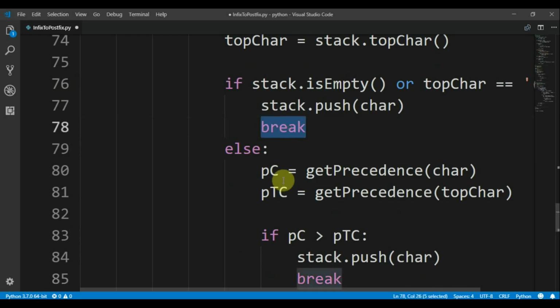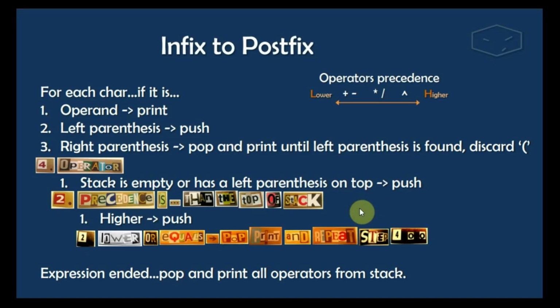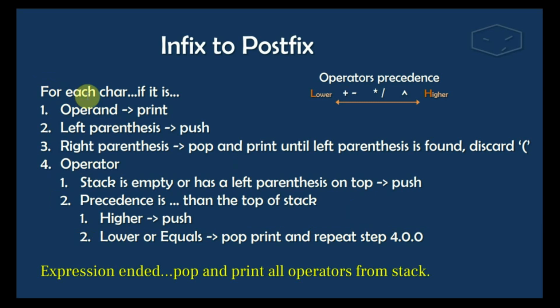The next step is, because we ended the evaluation of the expression and reached all the chars, now we have to go to the stack, and if the stack is not empty, we must pop and print all the operators from the stack.